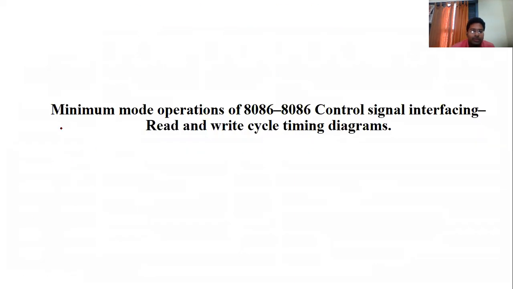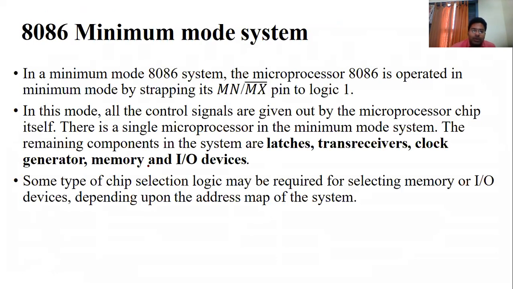Minimum mode operation. While you are connecting any CPU or microprocessor to the memory, we require different types of latches, transceivers, clock generator, input output devices, and so on. How do we convert from one mode to the other mode?